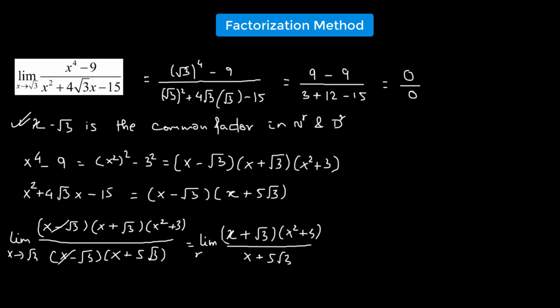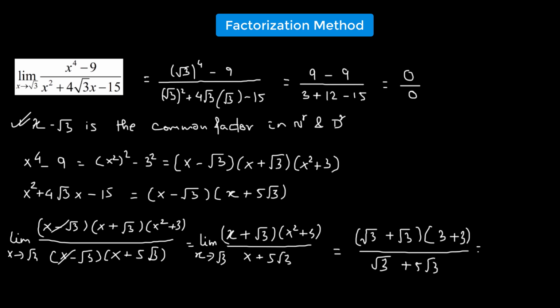So we have the reduced expression. Now we're going to do a direct substitution, substituting the value of x into the simplified rational function. So we have square root of 3 plus square root of 3, multiplied by square root of 3 squared, which will be 3. So we have 3 plus 3 divided by square root of 3 plus 5 root 3.